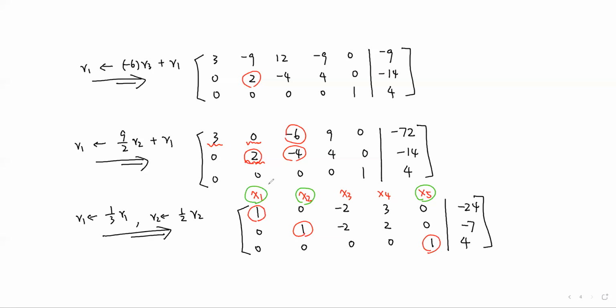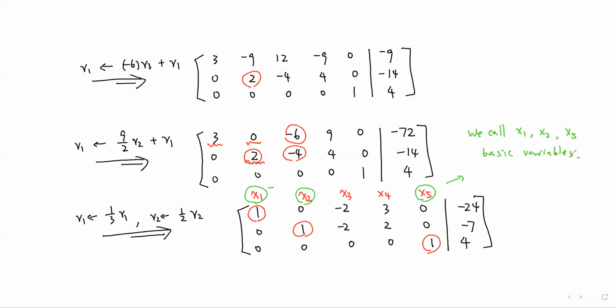Okay, so we give a name to these 3 variables. We call x1, x2, x5 basic variables. Basic variables, their corresponding columns are pivot columns.